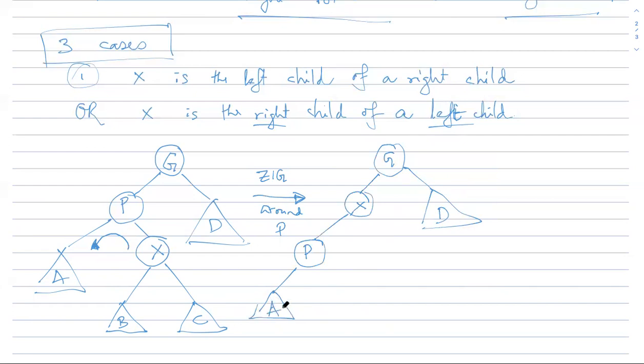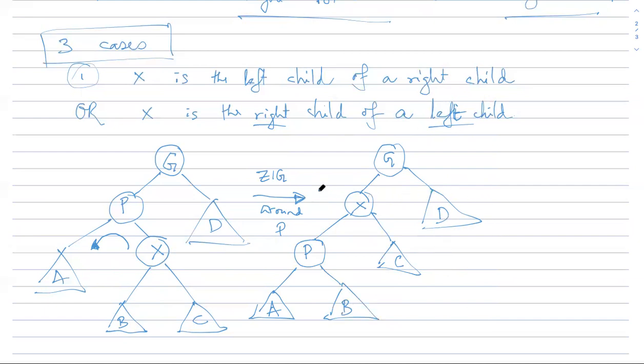And this remains the left child of P, and this remains the right child of X, which is C. And what was the left child of X now becomes the right child of P. So this becomes B.